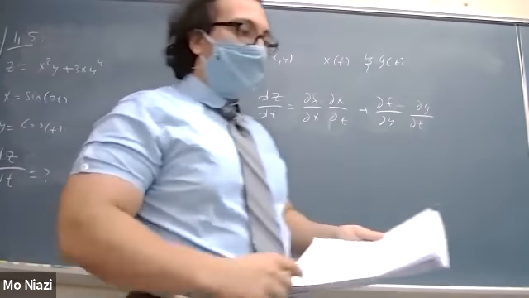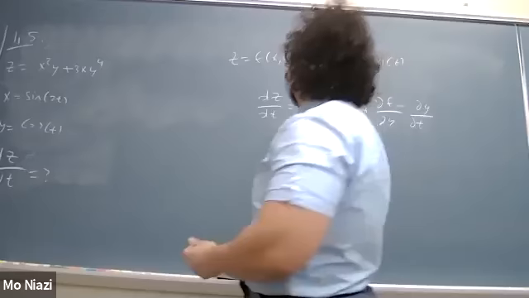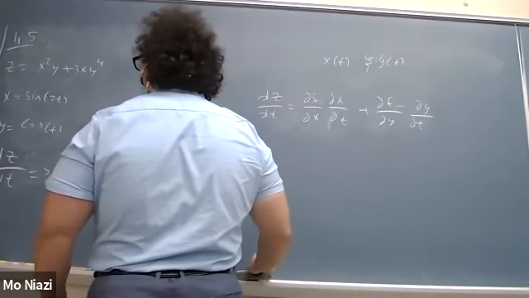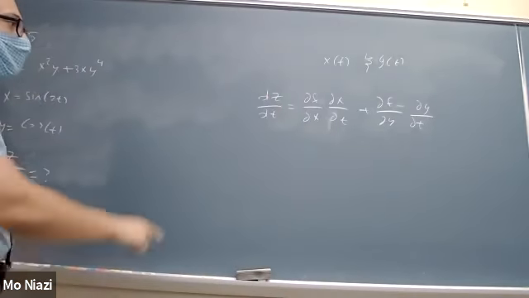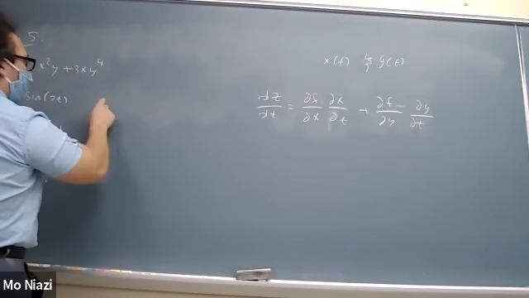Total derivatives are with capital D's. Partial derivatives are with lowercase deltas. Okay. So just like so, dz dt, I have the total derivative is equal to this stuff. So what is partial f partial x?